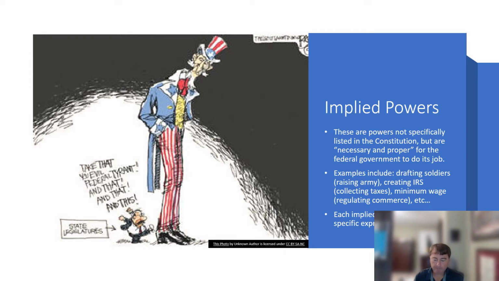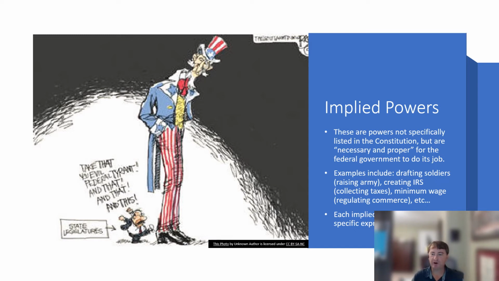Okay, I told you earlier that the federal government has some specific powers listed in the Constitution that are not in dispute. But then there are other things the federal government can do that are more in dispute, and they are called the implied powers of the federal government.